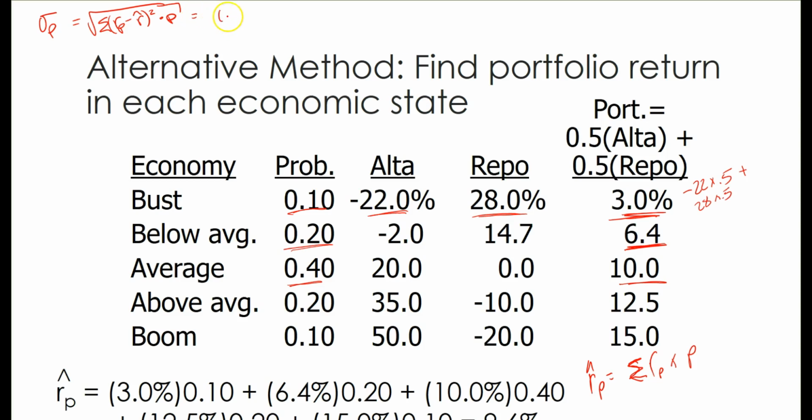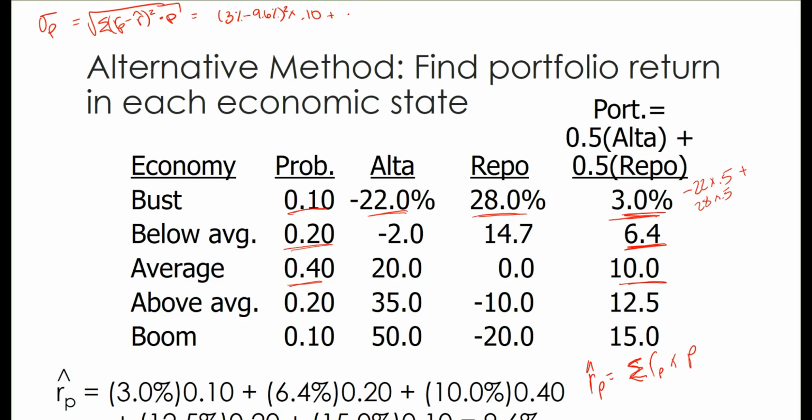In a bust state of the economy, we have a 3% return for the portfolio. We subtract from that our expected return of 9.6%, square the difference, and multiply it by the 10% chance of a bust.